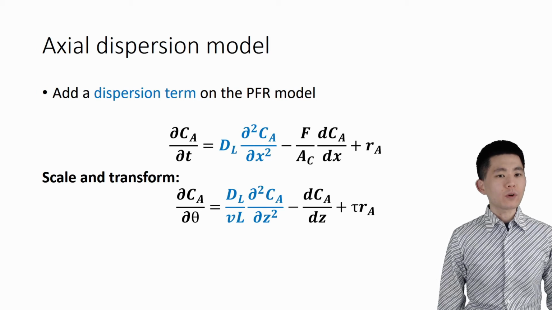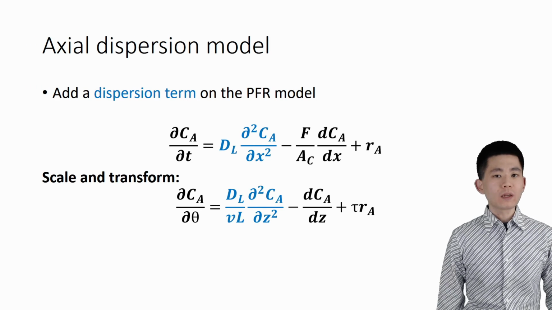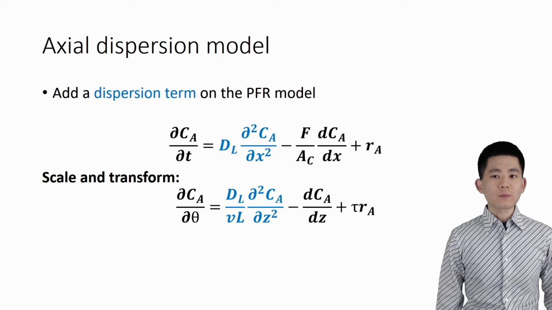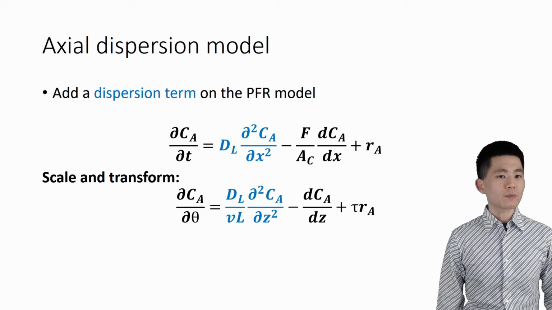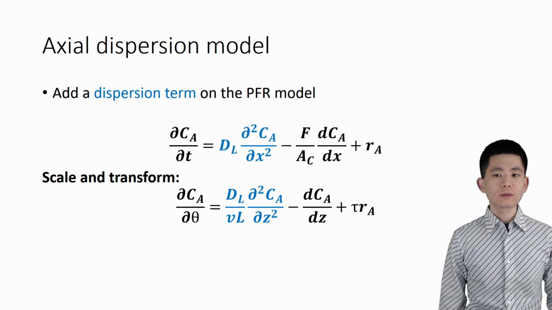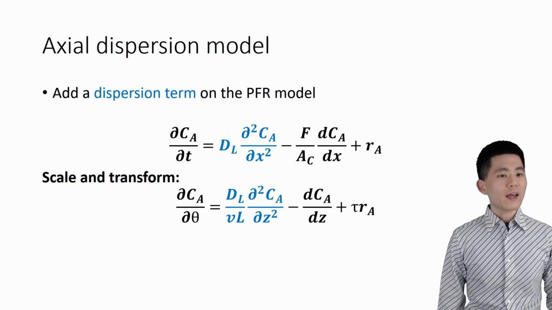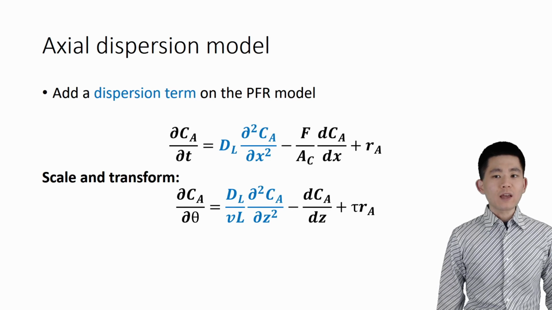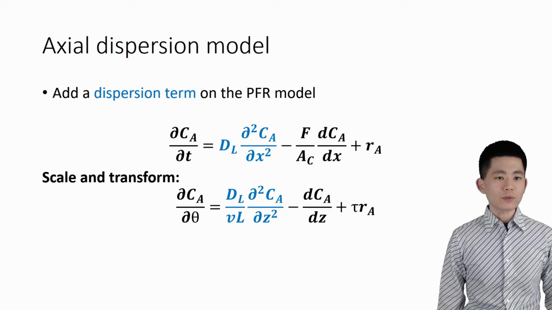The axial dispersion model adds a dispersion term to the ideal PFR model. The dispersion term is similar to Fick's law expression that describes diffusion. dL is the axial dispersion coefficient. The higher it is, the more axial mixing there is. After scaling and transforming, the length and the time have been converted to unitless variables.